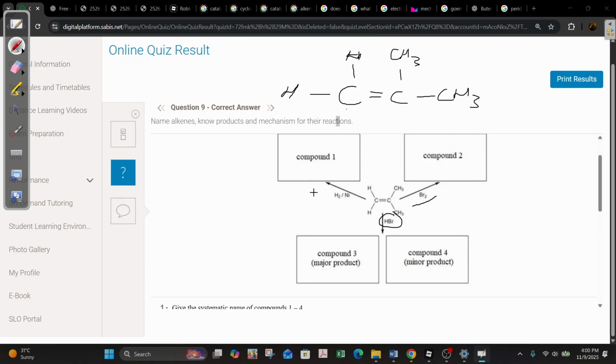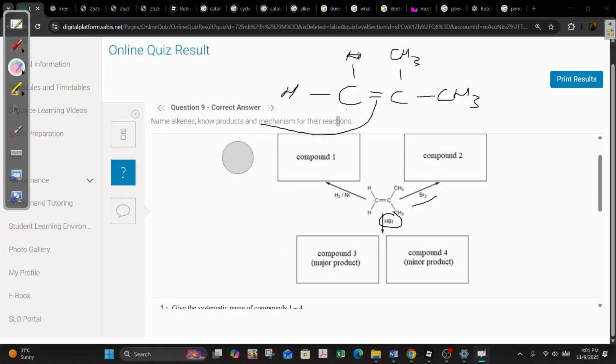Okay, so same process. Let's say we have an HBr here. The double bond will attack the hydrogen. Then both of the 2 electrons will go on the bromine. This is heterolytic fission.